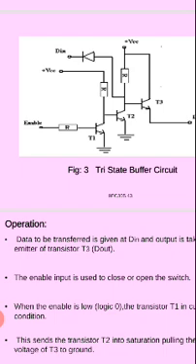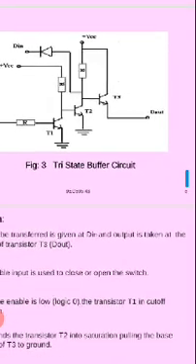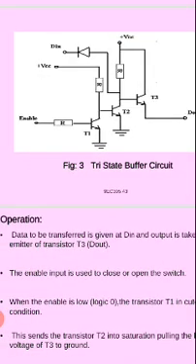Operation. Data to be transferred is given at D in. And output is taken at the emitter of transistor T3.